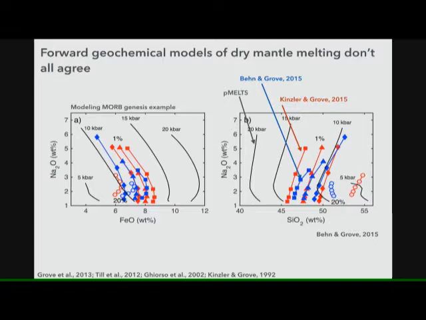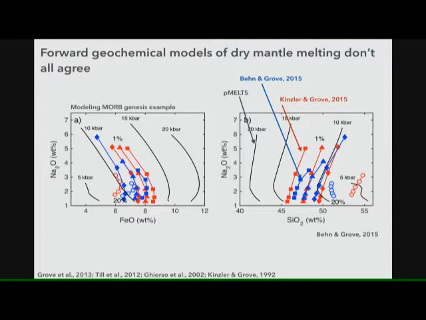And here in Bain and Grove is a plot that shows some differences between different models. So they don't all give you exactly the same thing. There's still some disagreement between them based on how they were calibrated and what their main application is for.